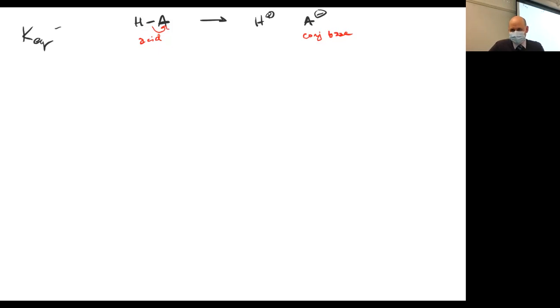Is it concentrations of products over reactants or reactants over products? Isn't it products over reactants? It is products over reactants. It's always products over reactants. So if you remember nothing else from Gen Chem 2, remember this: the equilibrium constant is the concentration of products over the concentration of reactants at equilibrium.